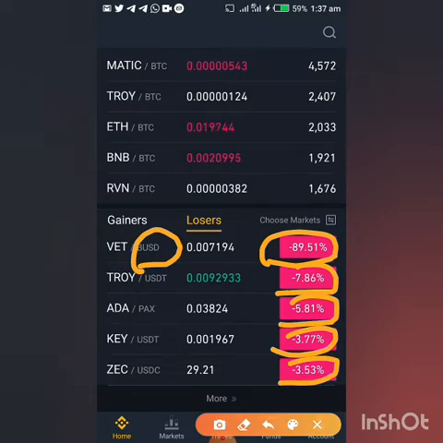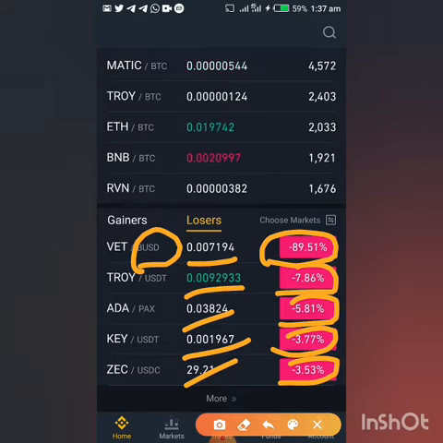All these various prices you can see here are representative of the last price that the coin has been traded at.